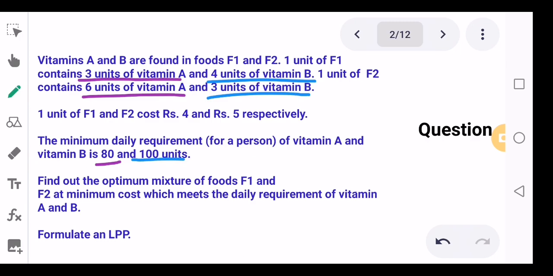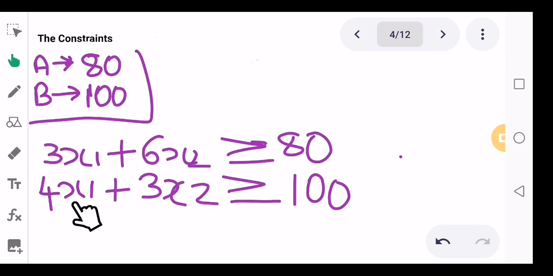So we have to keep this in mind and formulate a constraint with respect to vitamin B. 4x1 plus 3x2 has to be greater than or equal to 100.